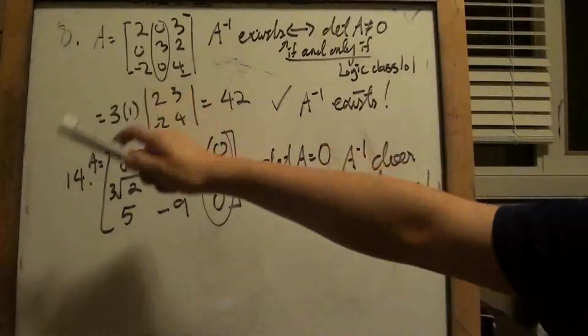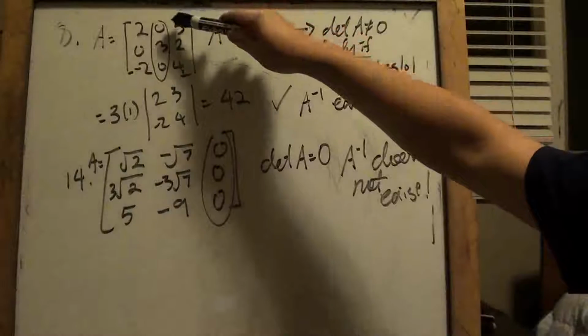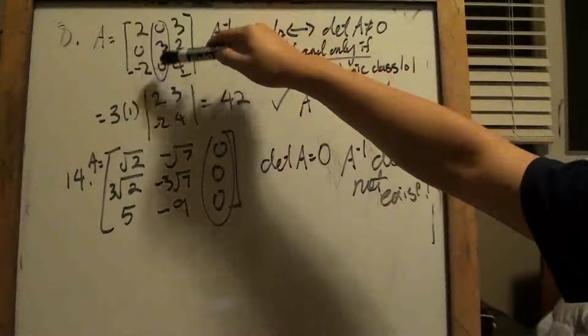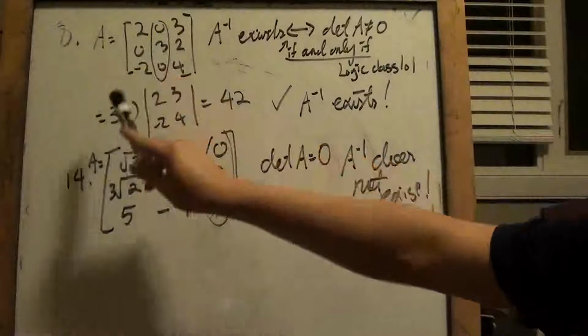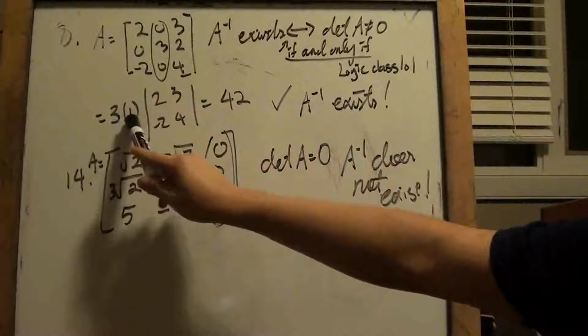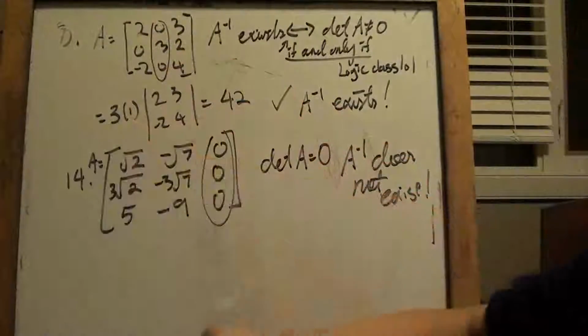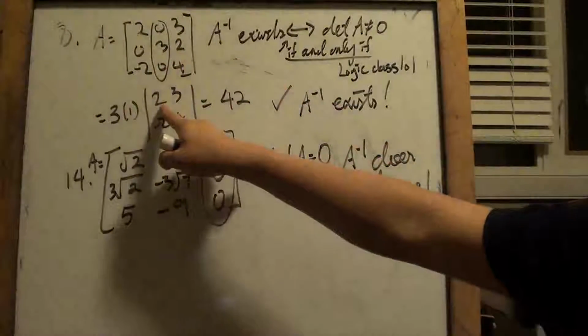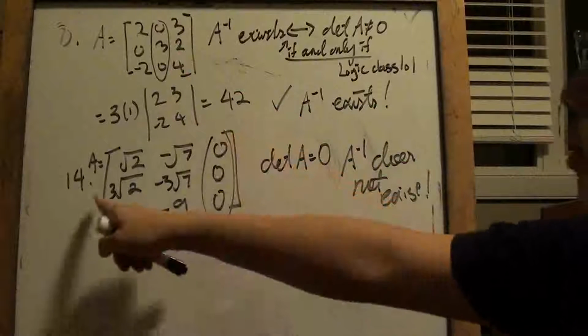So if we look at number 8, we don't even have to do any elimination simply because there are two zeros, so I can just start. That's going to be 3, 1. Just to clarify, that's plus, minus, plus. So plus. That's going to be 2, 3. Blah, blah, blah. You have 42. So it does exist, because it's not 0.